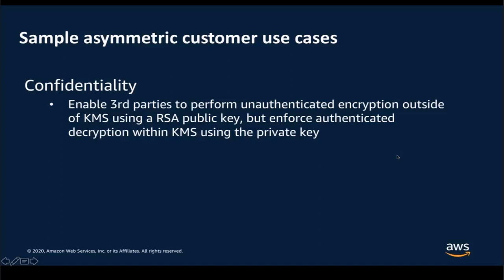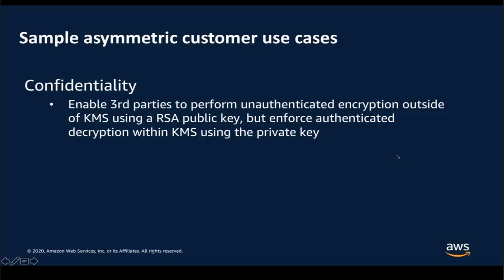What they will be able to do is encrypt data using that public key and give you back that encrypted data. Typically, that encrypted piece of data is a symmetric key, and that symmetric key has been used to encrypt other data.